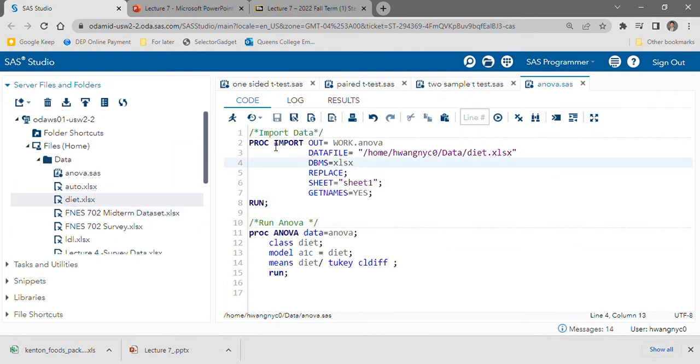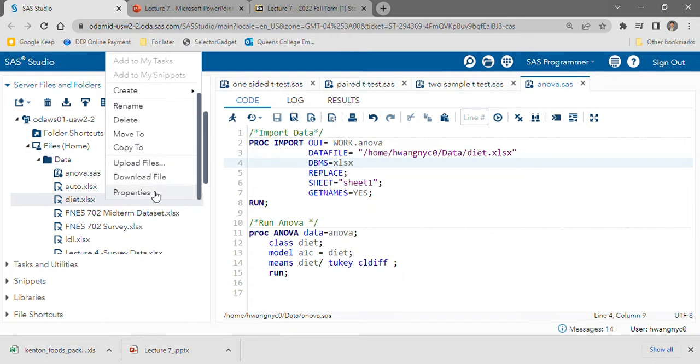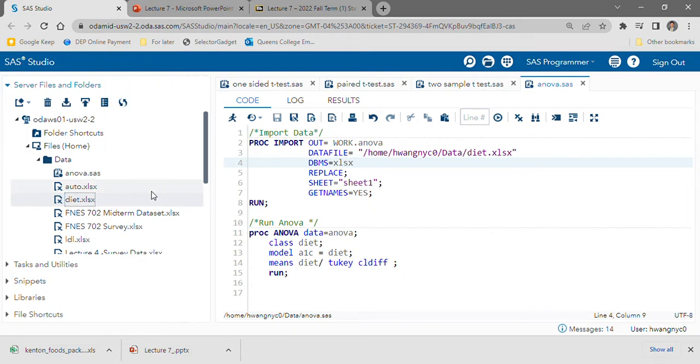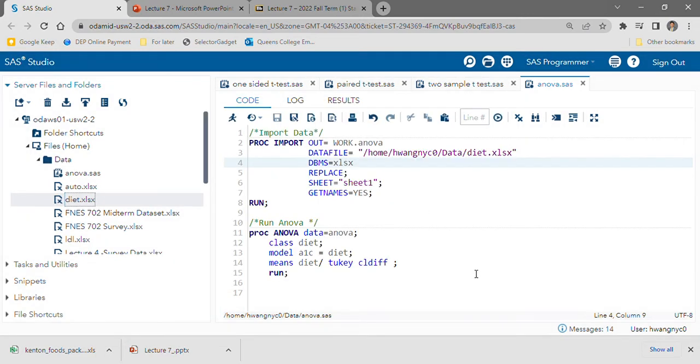I'm going to name this temporary data set ANOVA for this exercise. I'm going to right-click on my diet file, hit Properties, and you'll see the file path here, which we'll replace here. And then we'll add in our sheet name, which happens to be Sheet1.